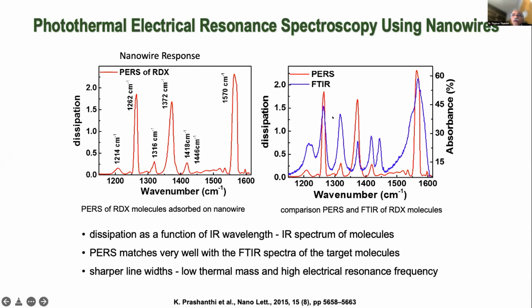And here we are comparing the same thing with that of FTIR. You can see that FTIR still has some kind of finite width compared to that of the electrical resonance of the nanowire. This is mainly because of the mass of the device.